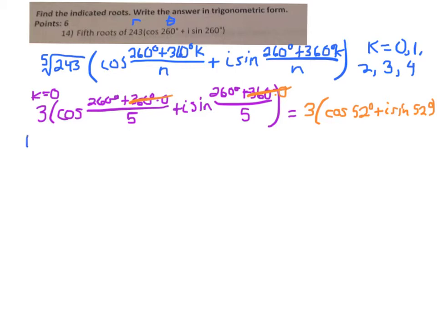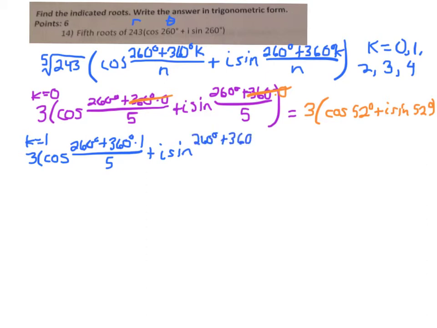And then we do k equals 1. So 260 plus 360 times 1 over 5 gives us 124.